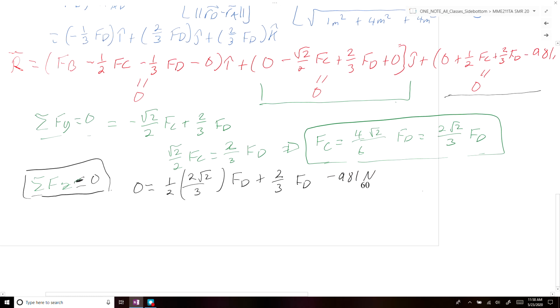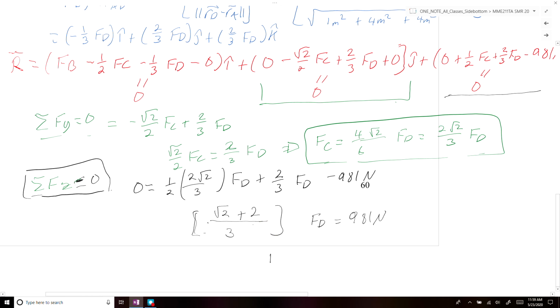and then if we divide that all up, what we're going to do is we'll get 981 newtons on one side, we'll get FD on the other side, and then our coefficient is going to be equal to radical 2 plus 2 over 3.